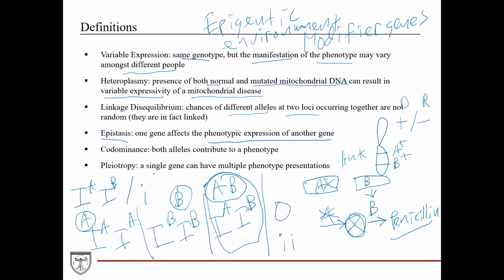And then pleiotropy is where a single gene can have multiple phenotype presentations. An example of this is where you have a mutation in a particular gene for a protein that is involved in a lot of different processes or is expressed in a lot of different tissues, and that can impact multiple different presentations. An example of that would be Marfan syndrome, which is where you have a mutation that affects connective tissue, specifically fibrillin and then elastin structure.